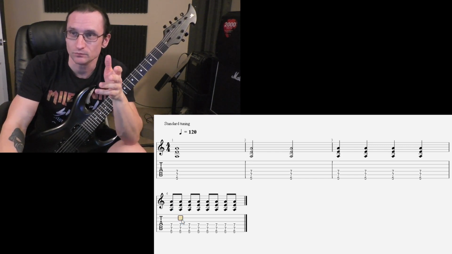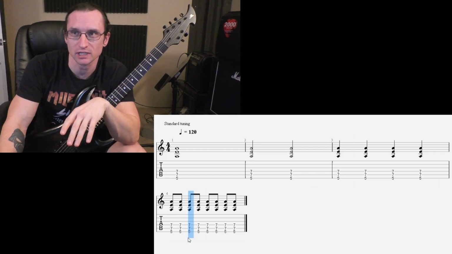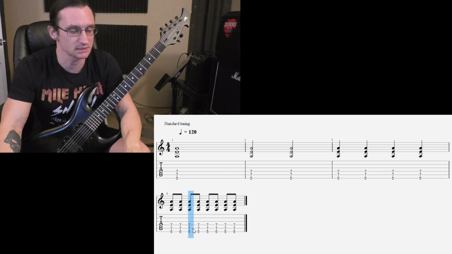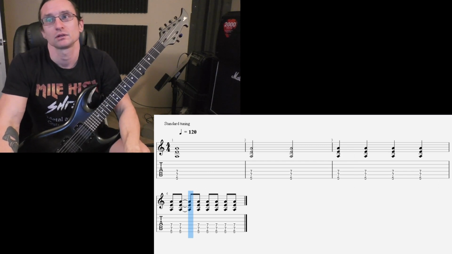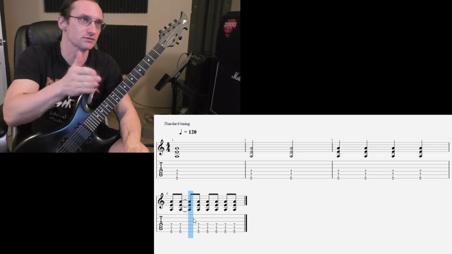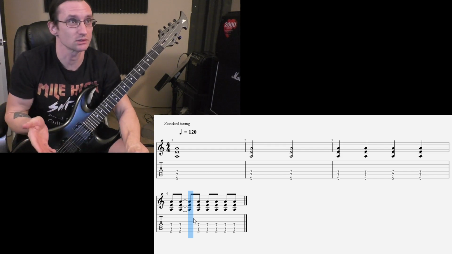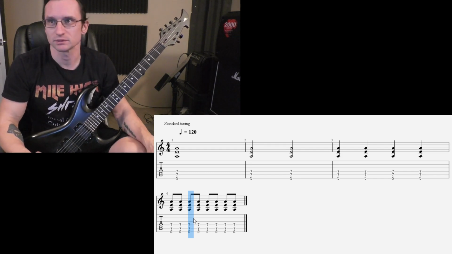So we talked about the tie marks and whatnot. If I make this tie, you see that it's still falling in line with everything in terms of how stuff is spaced out. It's just that now this is telling you that you're not strumming on the downbeat of 2. Let's go back 1 sec.